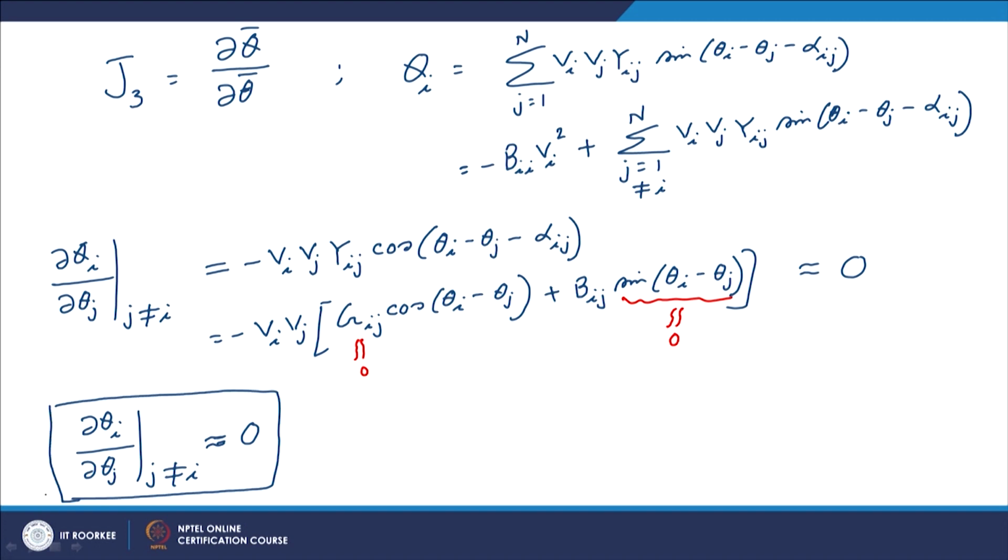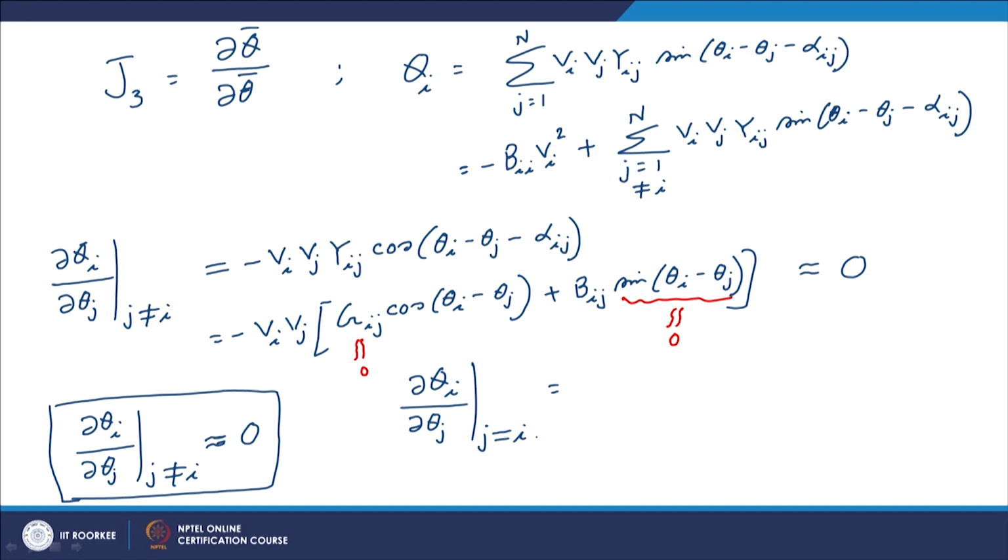Now, we have del Qi by del theta j, where j is equal to i. All these terms will come into picture except the first, because it does not have any theta i.